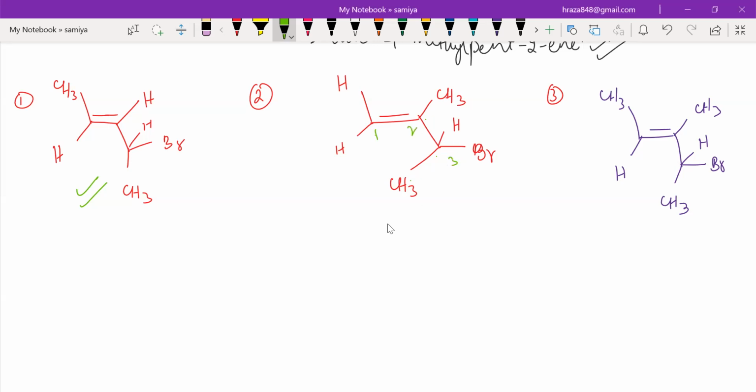One, two, three, four. So 3-bromo 2-methyl but-1-ene. At the first carbon it is. So the name will be 3-bromo 2-methyl but-1-ene, not 2-ene. Very good.